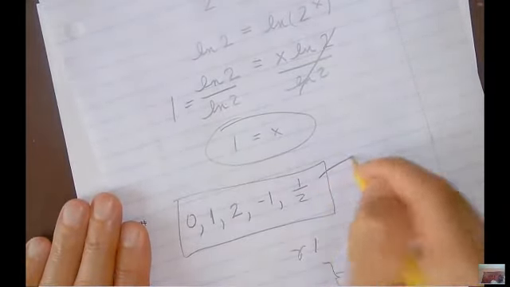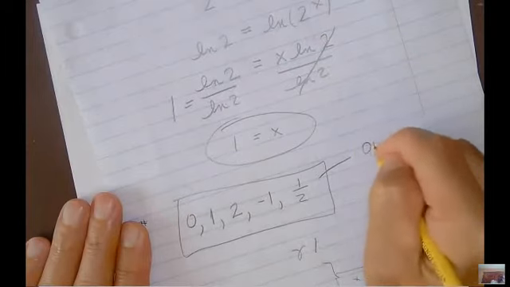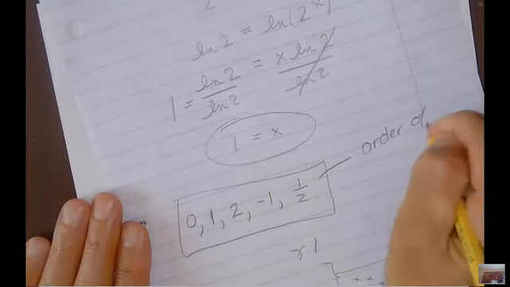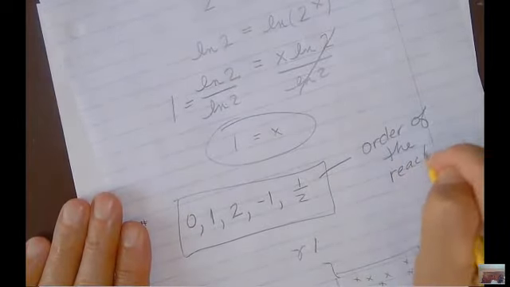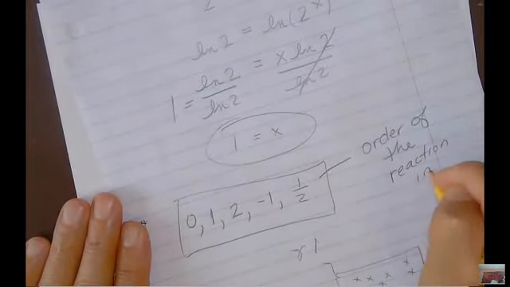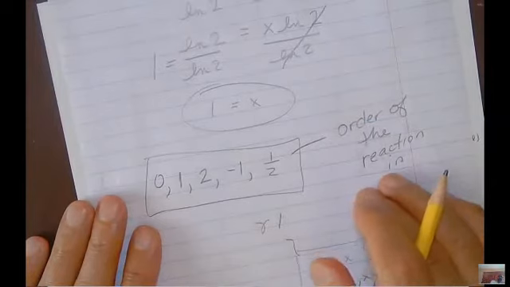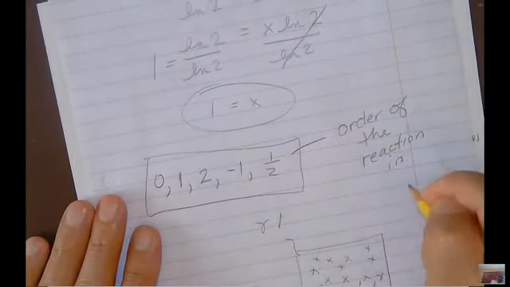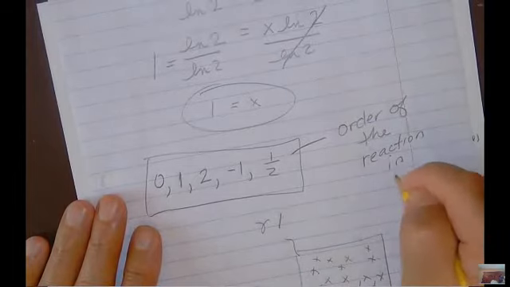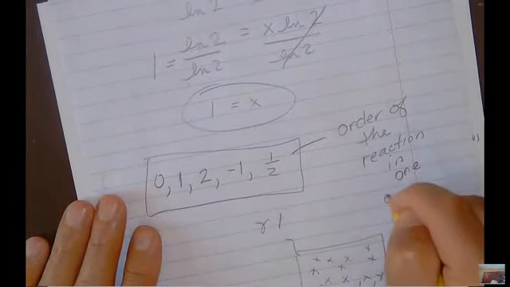Those are the typical orders of the reaction in one of the chemical species, whatever you're talking about, A, B, C, or D. Okay, in one of the reactants.